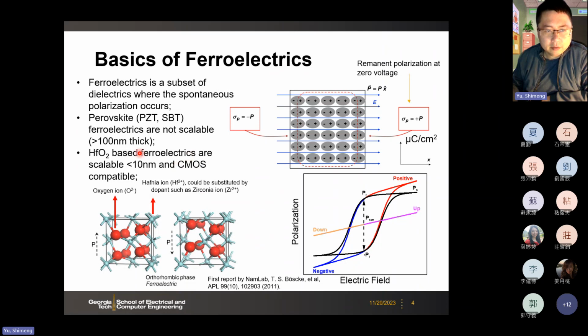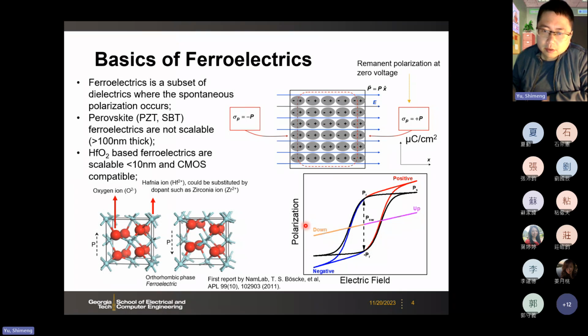So the gate stack, even though it's hafnium oxide, is in the amorphous state, with no crystalline structure like this. The atoms are more random in that case, so we do not have this net charge. But if you crystallize the hafnium oxide in this particular phase, then we will show this ferroelectric behavior. This is the key difference. The logic transistor uses amorphous hafnium oxide, and the ferroelectric one uses this orthorhombic phase hafnium oxide.